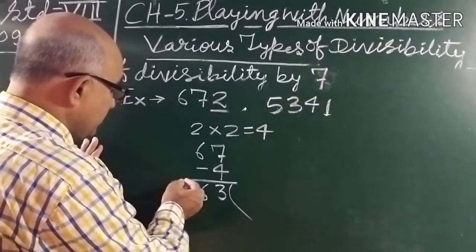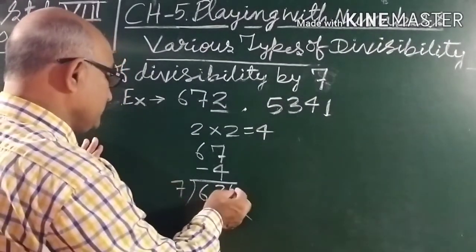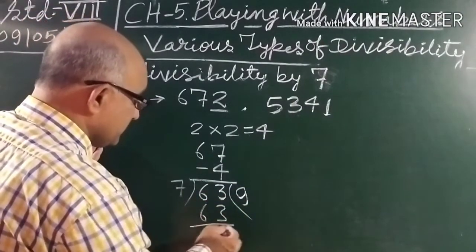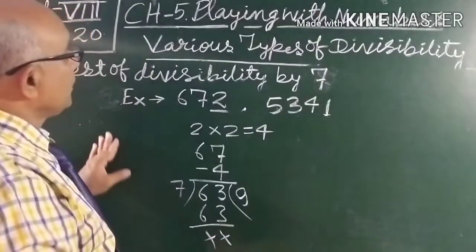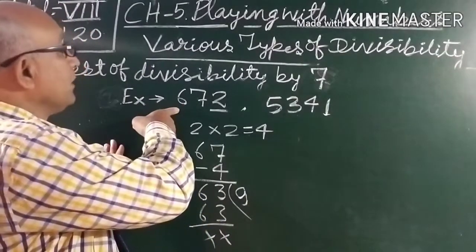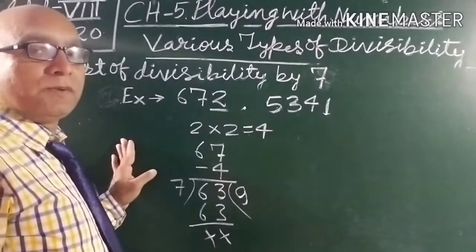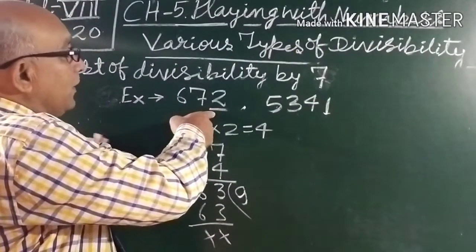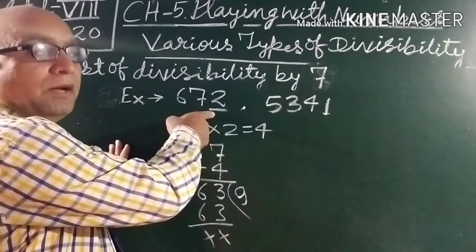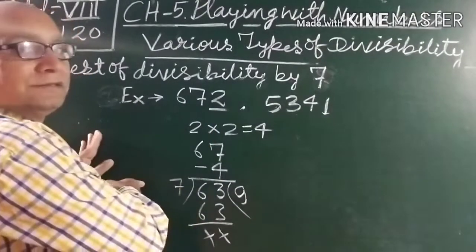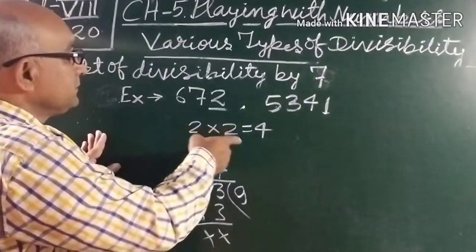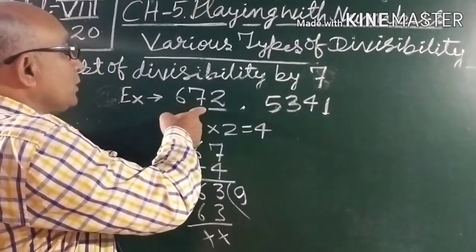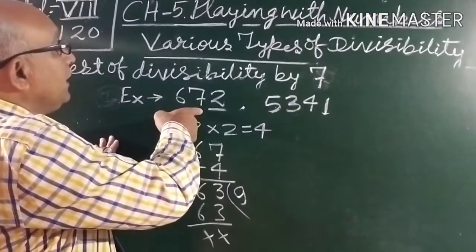So 63 divided by 7. 7 nines are 63. Then 672 is divisible by 7. First, double the unit digit of the given number and subtract it from the number excluding the unit digit.